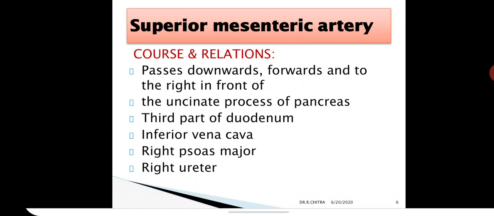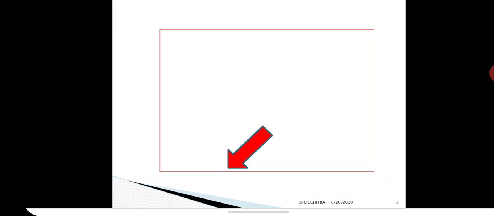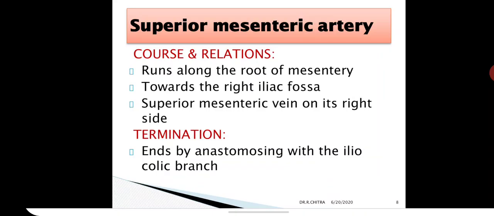In the root of the mesentery it runs towards the right iliac fossa. Superior mesenteric vein, as we saw in the previous image, is on the right side.